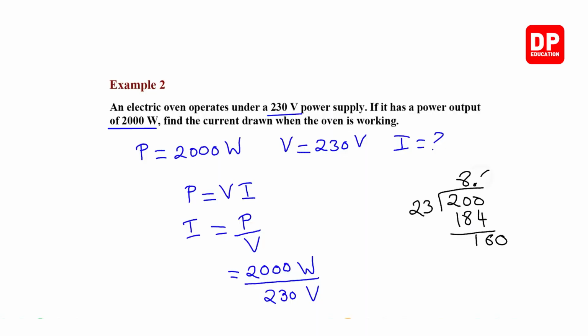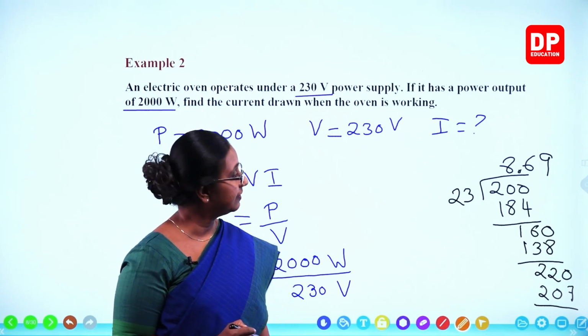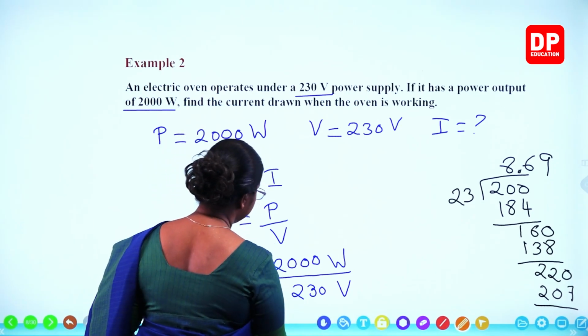So, then 6, 18, 12, 13, 22. It's going to be 9. 27 to 18, 20. So it will keep on going, but you can divide it and get the value as 8.69.